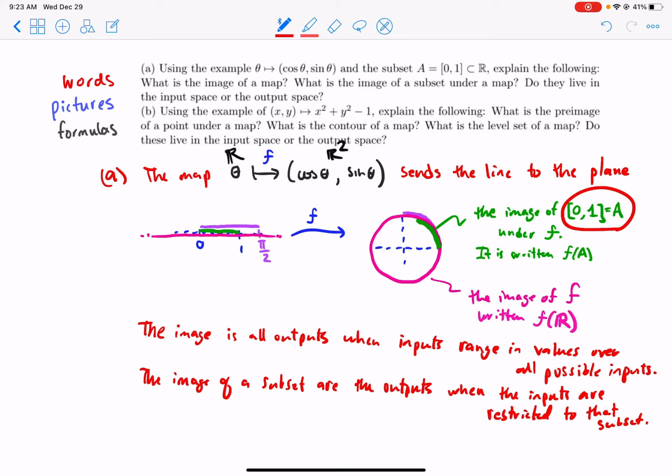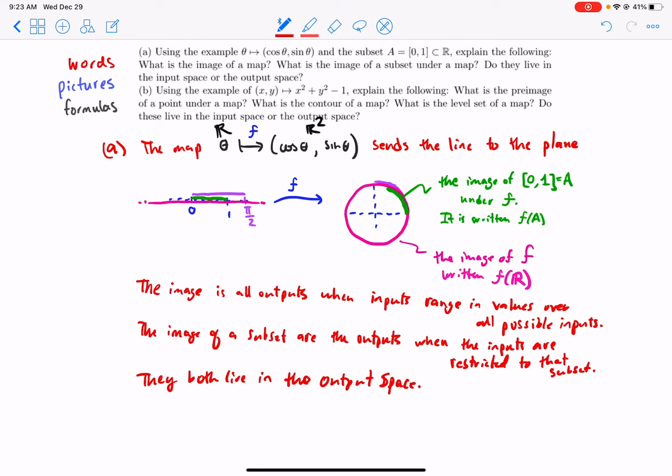Okay, in this case, here's the subset we chose. Okay, they both live in the output space. Okay. I think that completes part A.